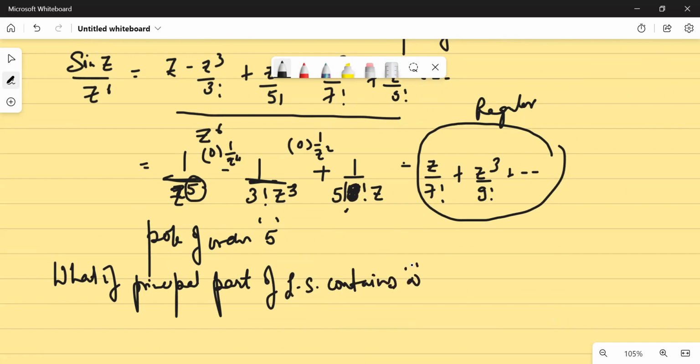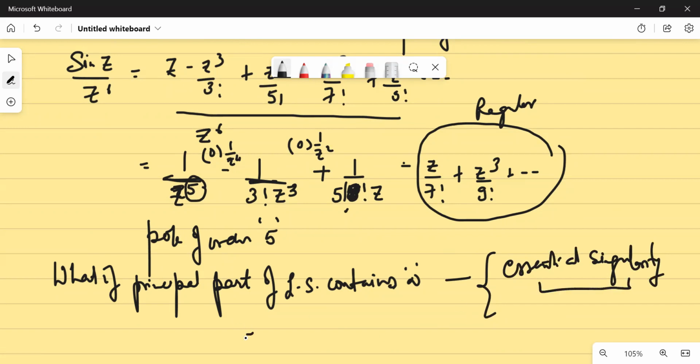Then this would be an essential singularity. Let's say sine 1 upon z. All these series at z equal to 0 would contain infinite powers in 1 by z. And since they contain infinite powers, these are essential singularities. Okay, should I move ahead?